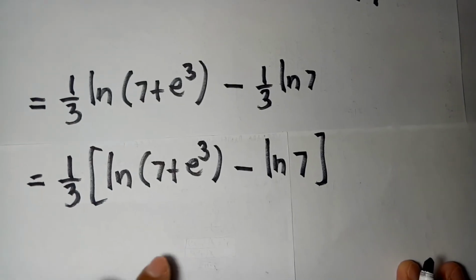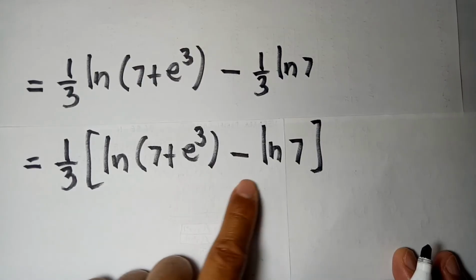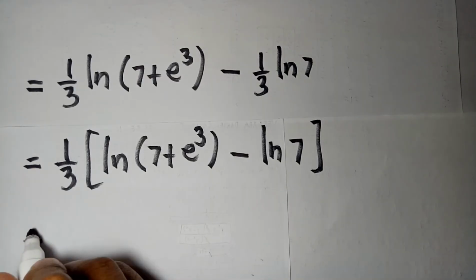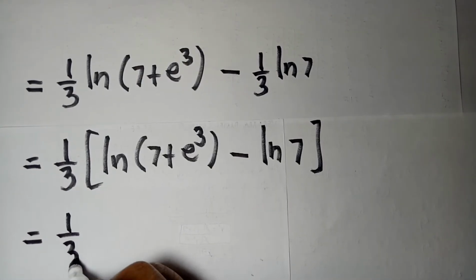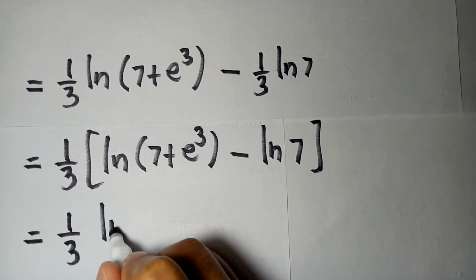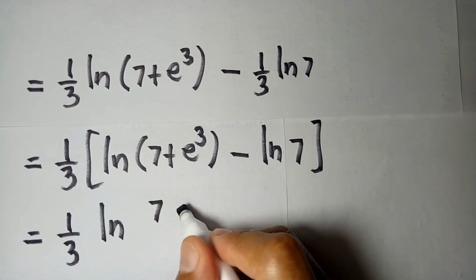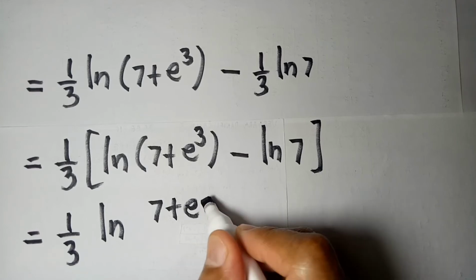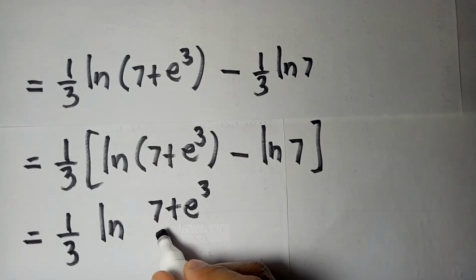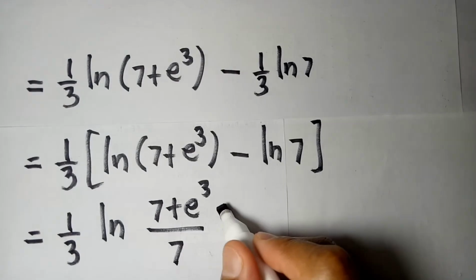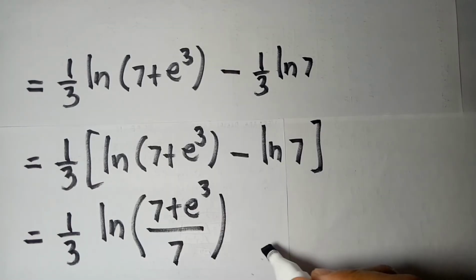Okay? And then after that, let us apply logarithm of a quotient. So, I will have 1/3 and then ln of, and then we have 7 plus e cubed and then divided by 7. So this is now the answer.